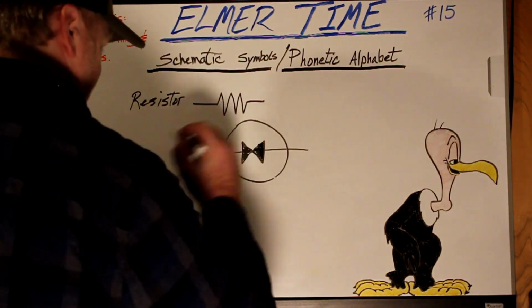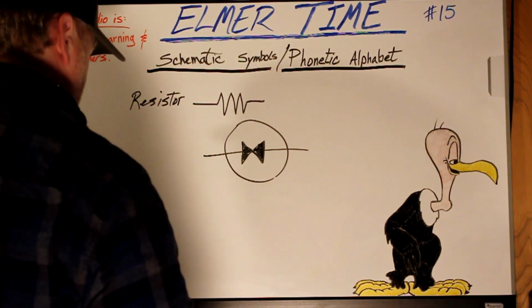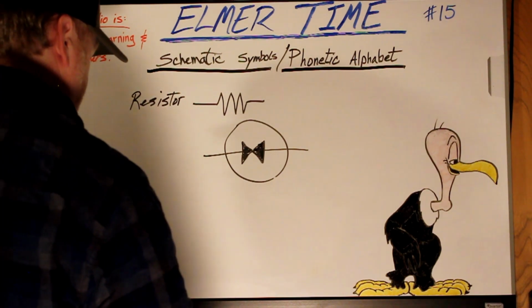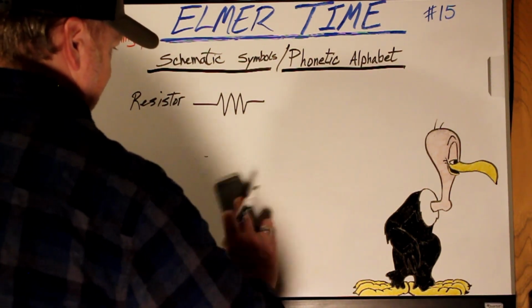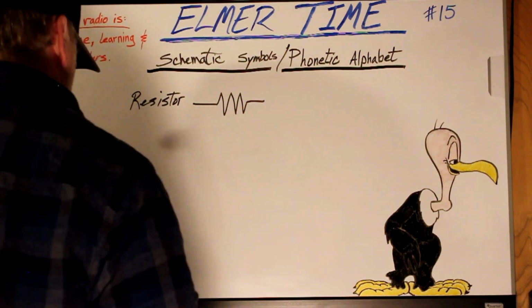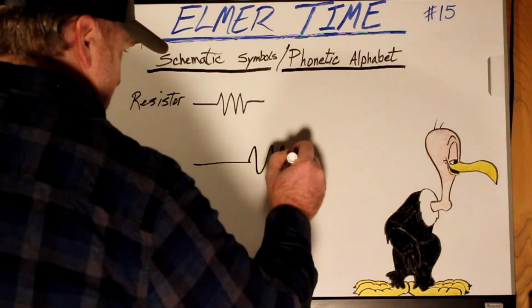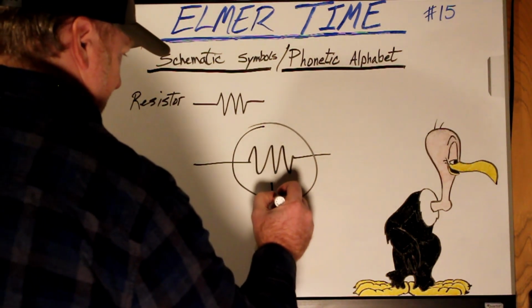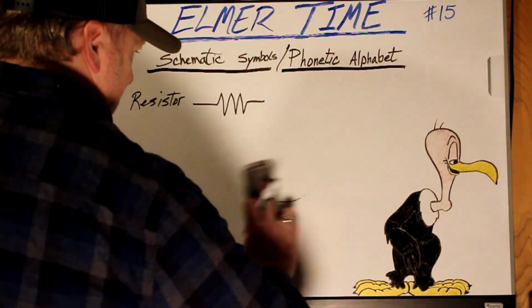This would be a varistor, and that's basically used for high voltage surging, so you probably won't see that too often if you're just starting out. Another variation of the varistor would be just a circle like that with a V in it. Same thing, varistor.